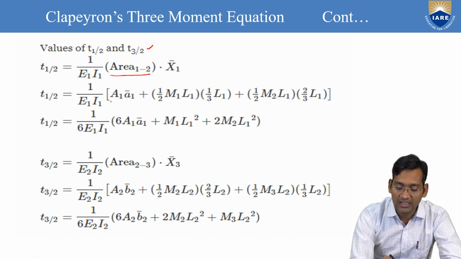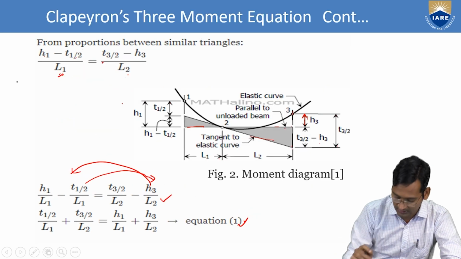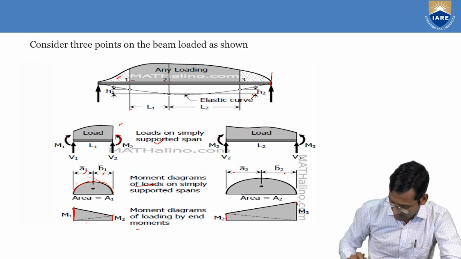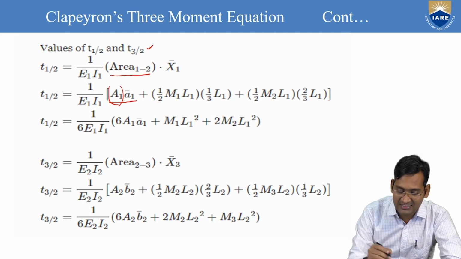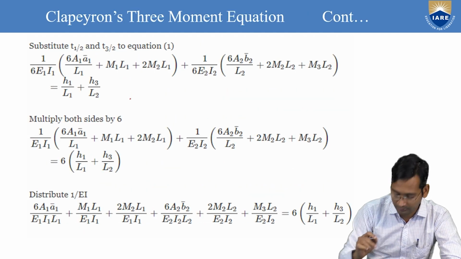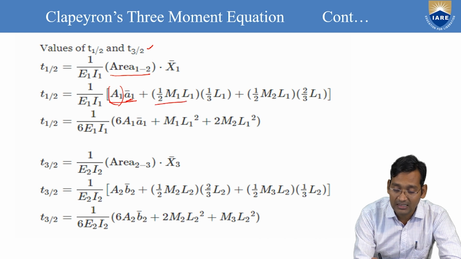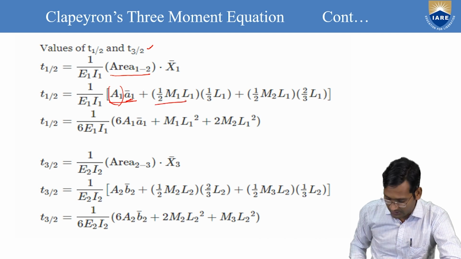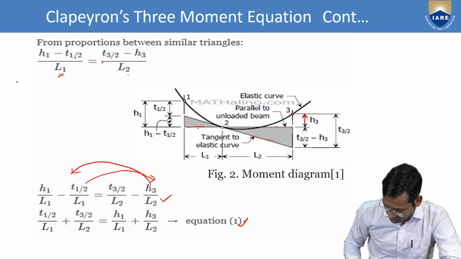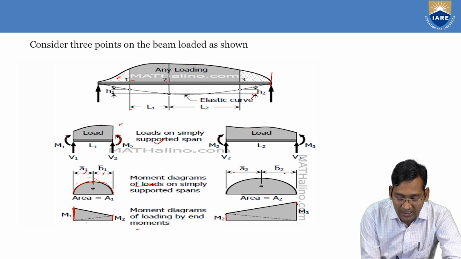Now taking one by one. First the total area, A1 for the first part, this rectangle, into the small x1 bar. Plus, from the moment diagram, half the area of this triangle: half base into height.